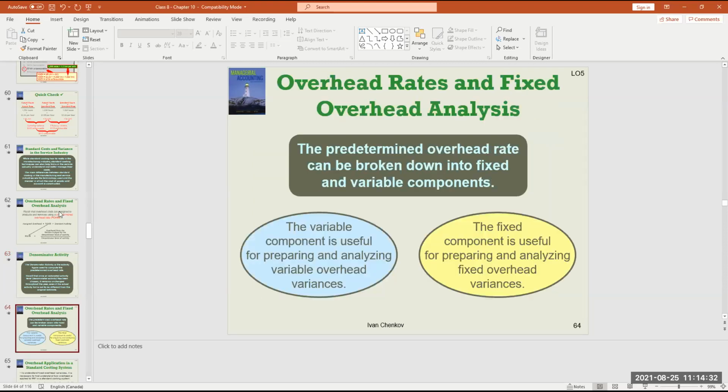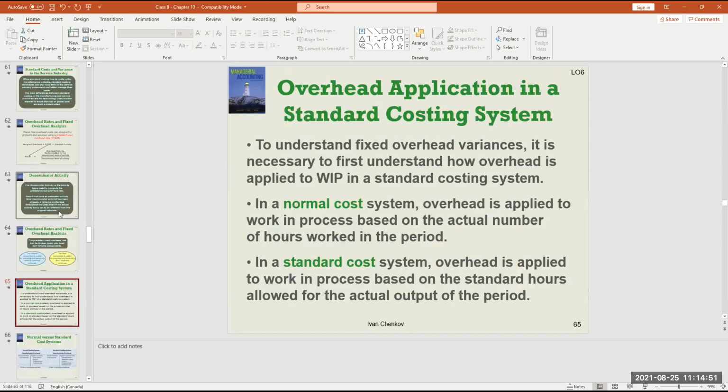Now, the predetermined manufacturing overhead has two components. One is related to the variable cost, the variable component of the predetermined manufacturing overhead. And the other is the fixed component, related to the fixed manufacturing overhead. How are we going to apply it? In this case, we have two types of systems.